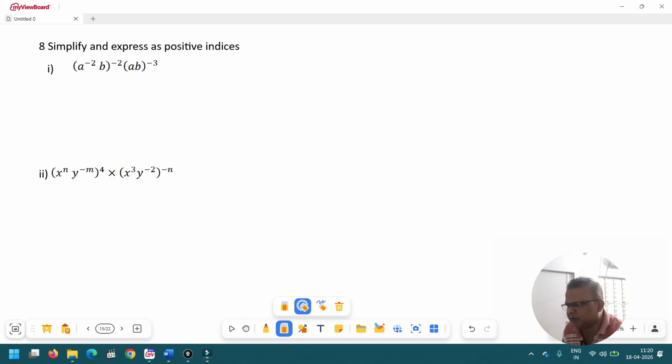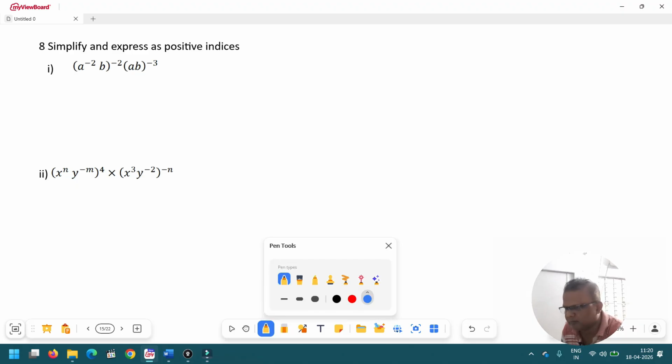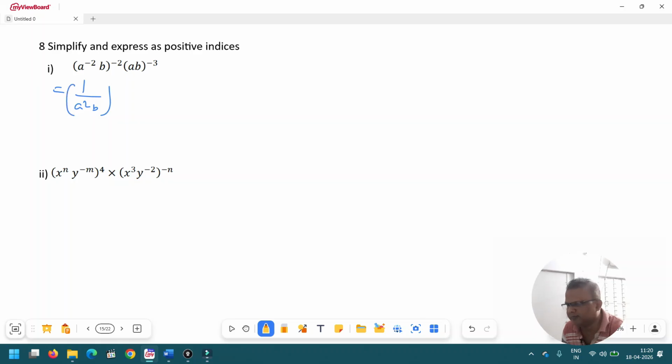Simplify and express as positive indices. That is equal to one बटे a square b का पावर 2 into 1 by a b का पावर 3.